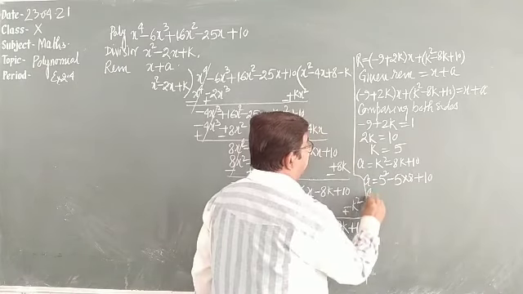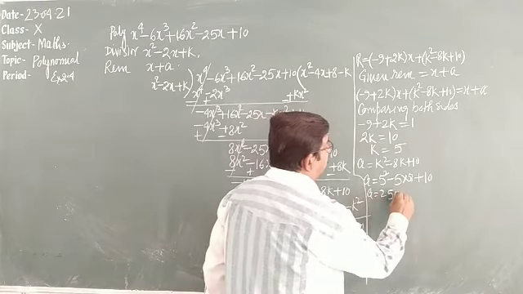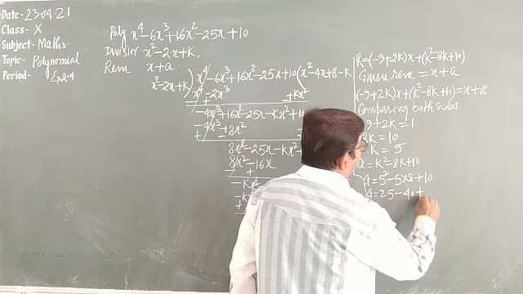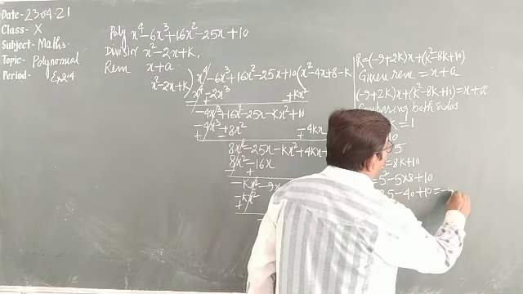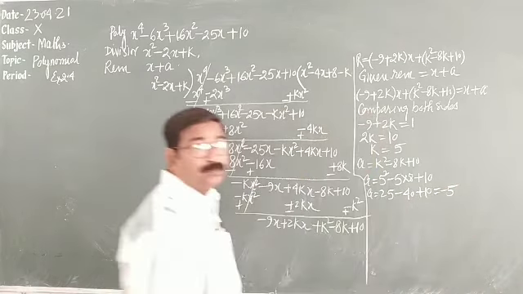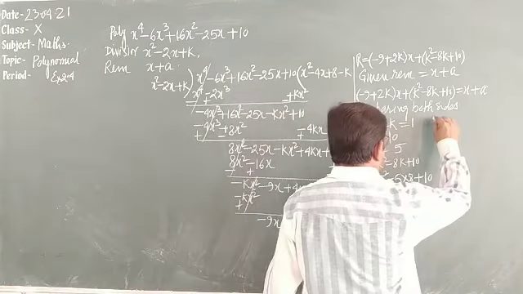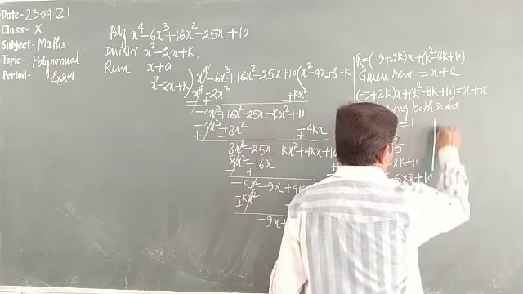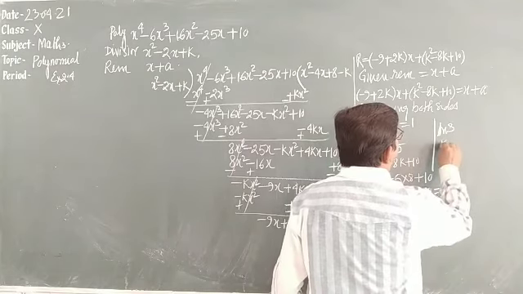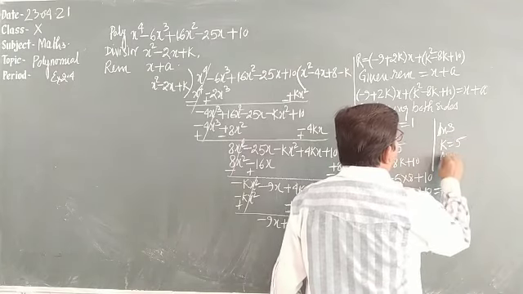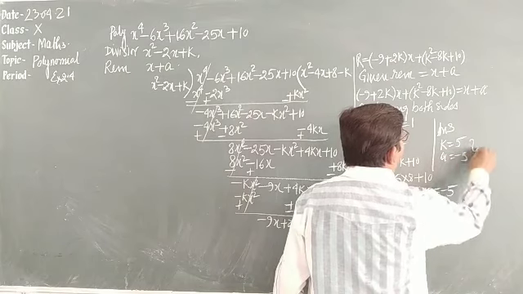This is a is equal to 25 minus 40 plus 10, which is equal to minus 5. So what is the answer? Answer: k is equal to 5 and a is equal to minus 5.